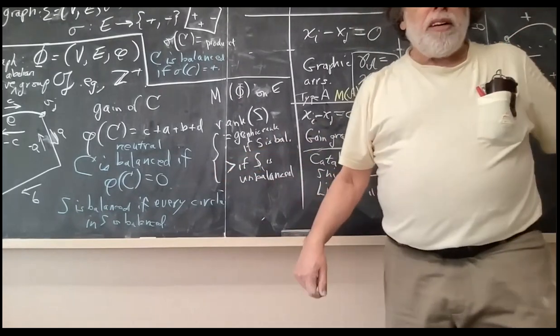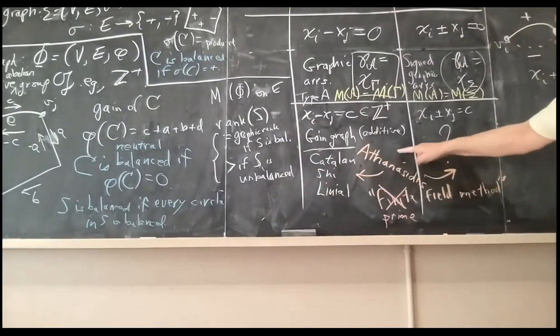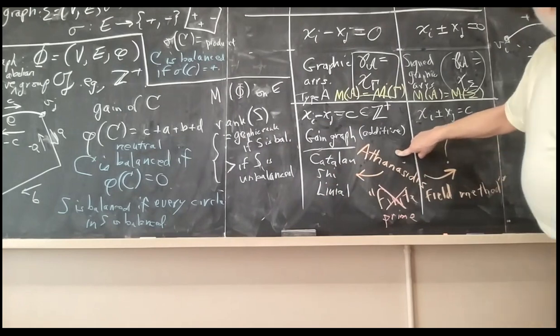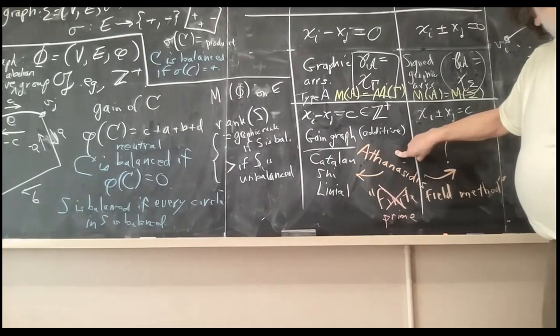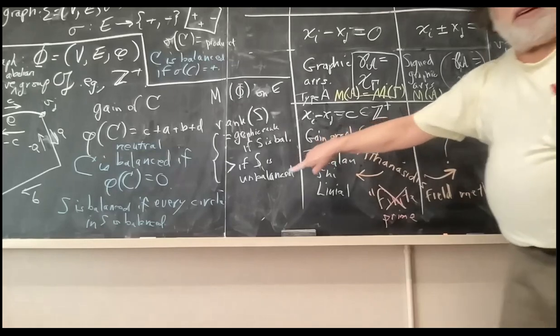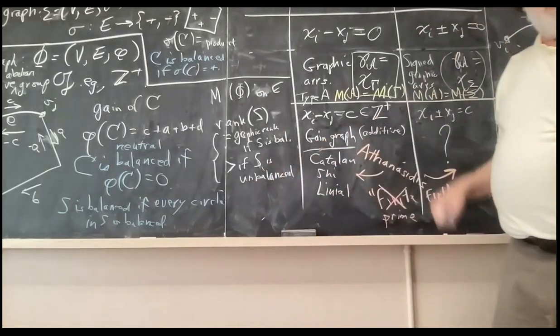So every such arrangement, this type here in this lower left corner, is going to have hyperplanes that might not intersect, or subsets that might not intersect. And the edges that correspond to this will be precisely the unbalanced edge sets.